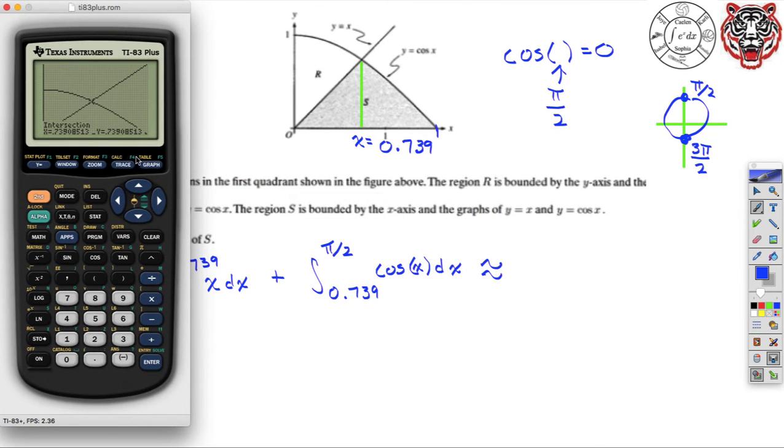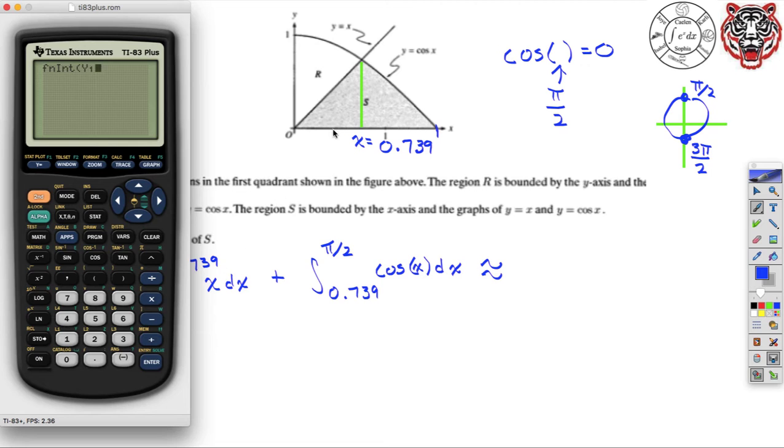So you can either do it with your graph, but I do prefer doing it this way, kind of similar to what we did last time. So it's going to be math 9, vars right, enter, enter. And I need to make this point again because it is important. The reason why I chose y1 to be x was because I knew that was the first section I was going to be adding. If I chose cosine x to be y1, then I would have to do this one first for my y1, or alternatively, right now I could be doing y2 for the first integral that I'm doing.